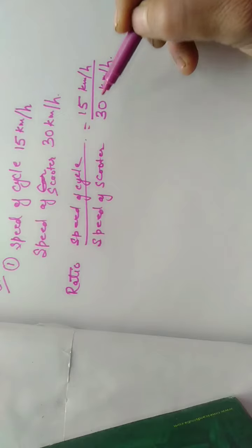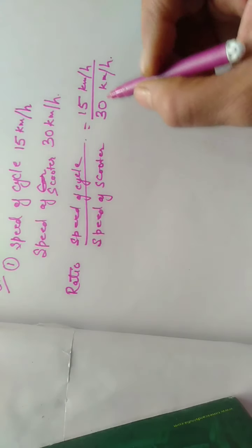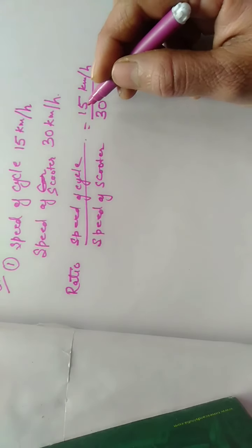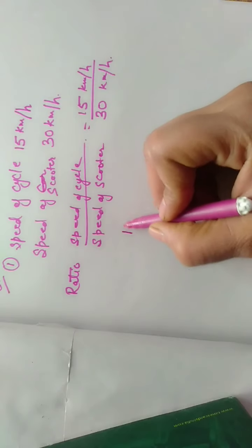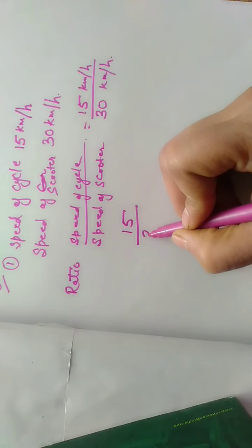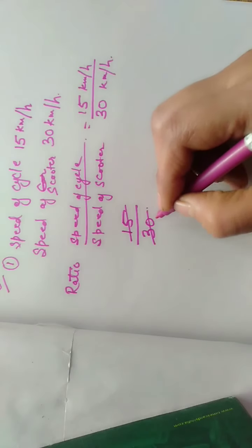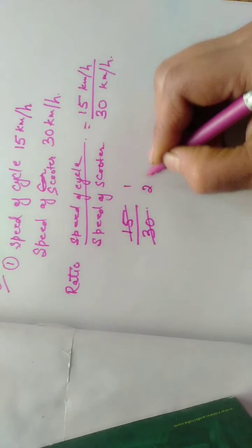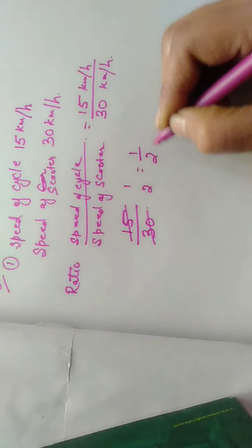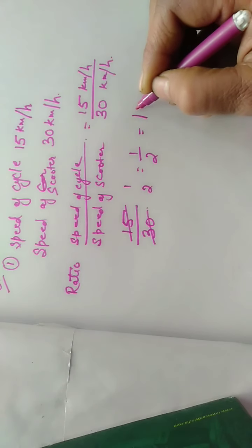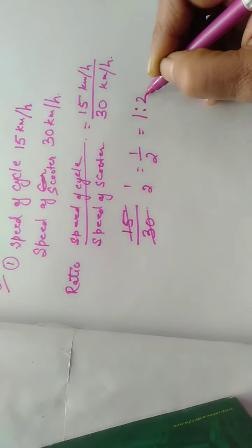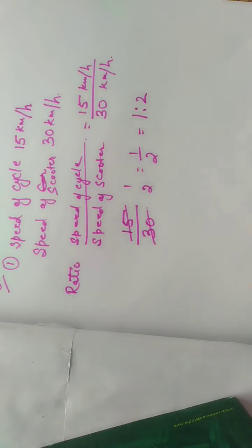Now you can see that 15 and 30 are multiple and factor, so we can cancel: 15 twos are 30. So it is written as 1 upon 2, or in the form of ratio as 1 is to 2.